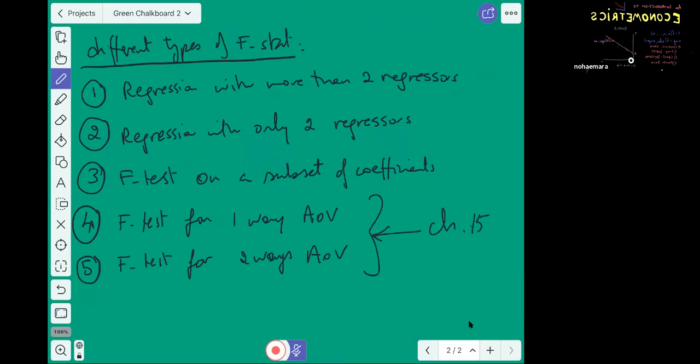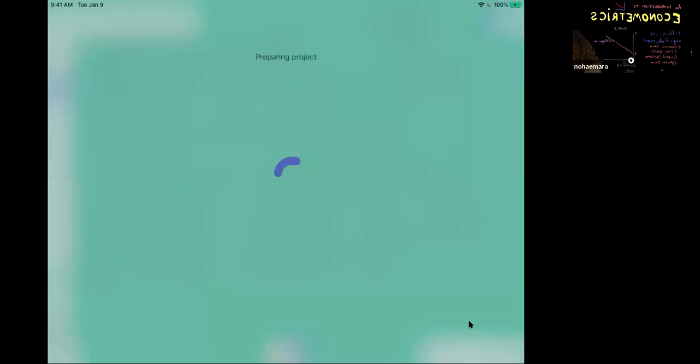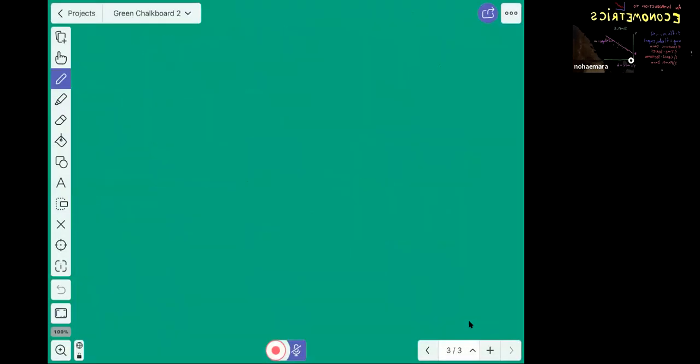Before I start chapter 15, I want to talk about these different types, because we were supposed to talk about them in the topic related to measures of fit, with the R-square, the adjusted R-square, the root mean squared error, the standard error of the regression. So I'm going to be talking about the first three before I start the ones related to chapter 15.